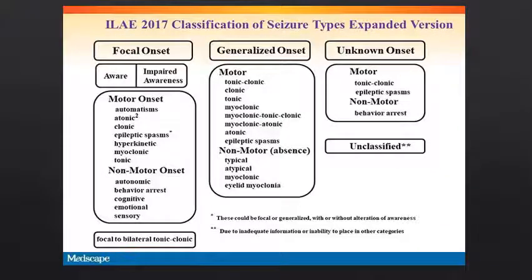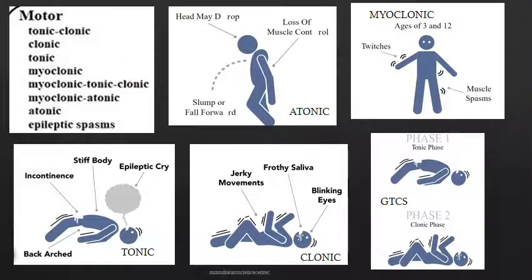This is an expanded version of the classification of seizure types. It shows some of the common motor and non-motor presentations, which we will go on to describe. On this slide, you see the different motor presentations of seizures.